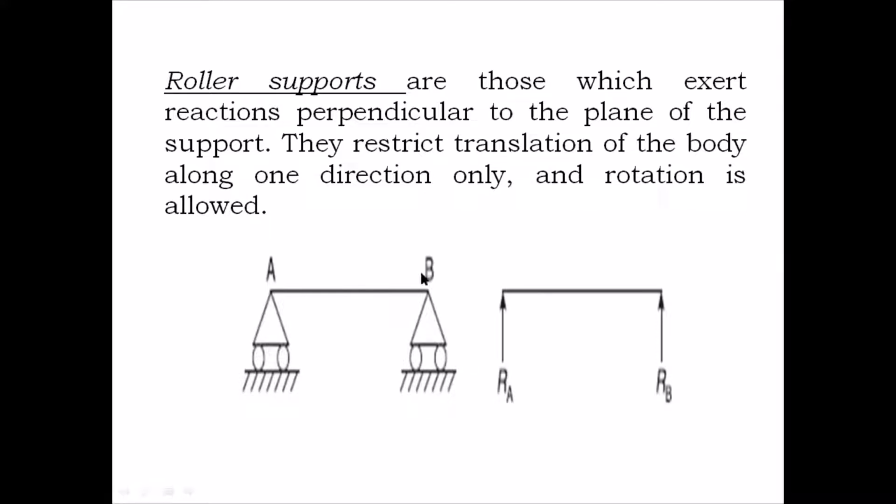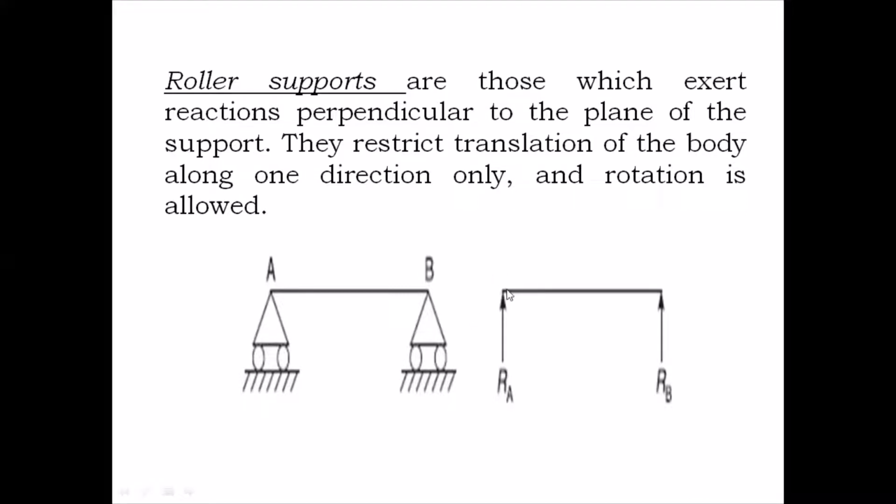As you can see in this diagram, there is a beam AB which has a roller support at A as well as at B. In the second diagram, what they have done is they have replaced the supports by reactions, that is, reaction at A and reaction at B, which are acting vertically upwards, that is, perpendicular to the plane of action.